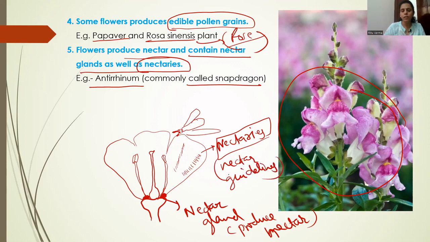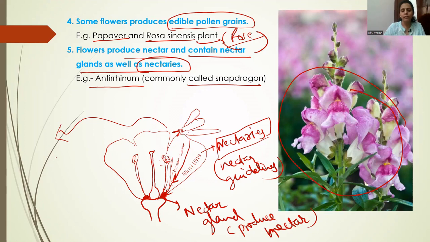Now, once this insect enters inside this petal, it goes deep down and tries to suck the nectar from this gland. And while sucking the nectar, the pollen grains from this anther fall on the insect's body, or this insect rubs against this stamen, and the pollen grains attach to the body of the insect. When the insect comes out of this flower, it goes in search of another flower of the same species, obviously, because the insect is looking for nectar.